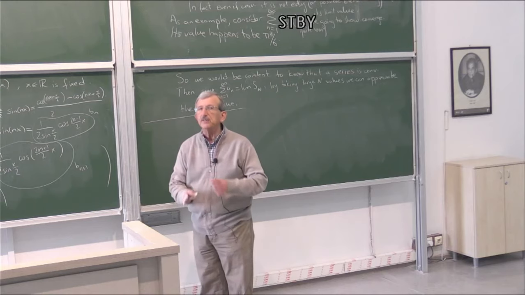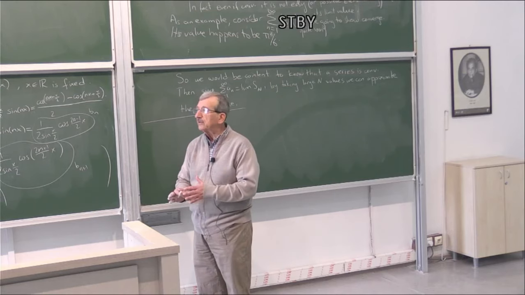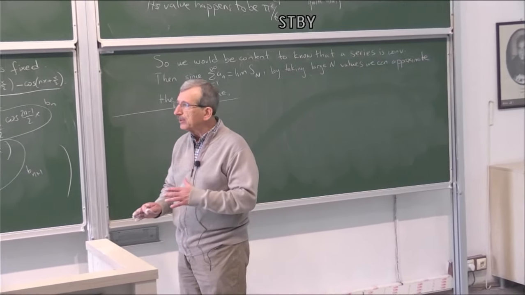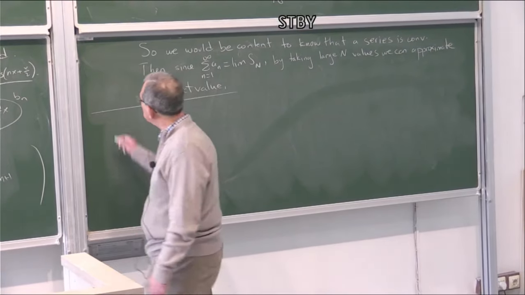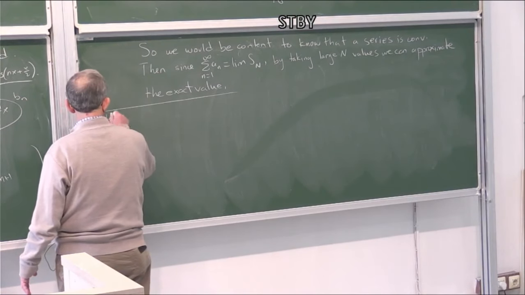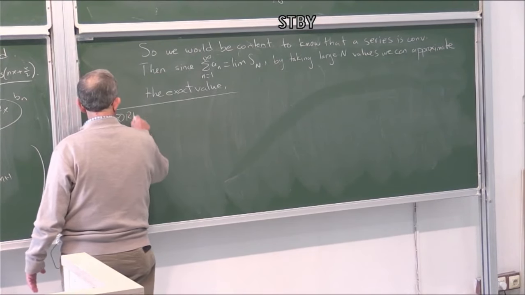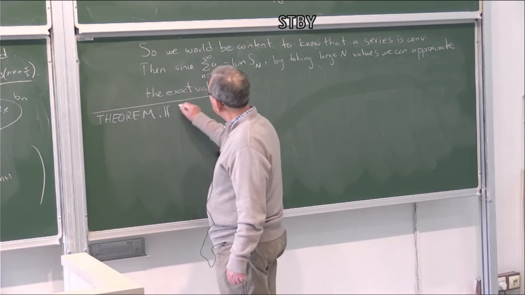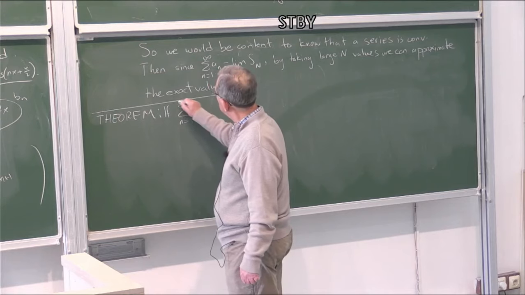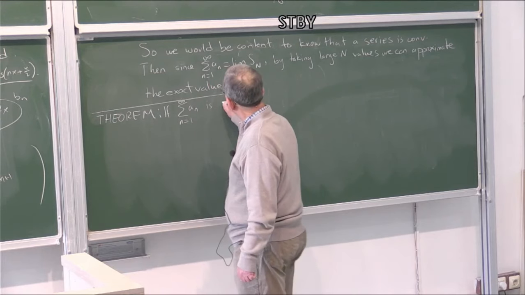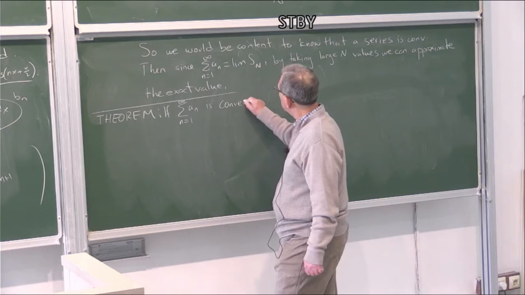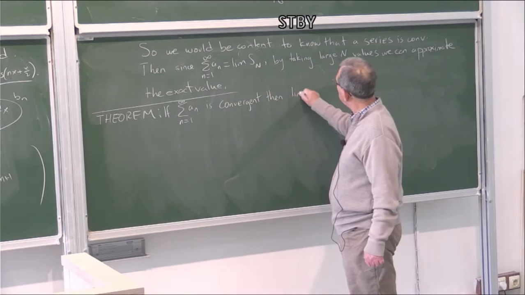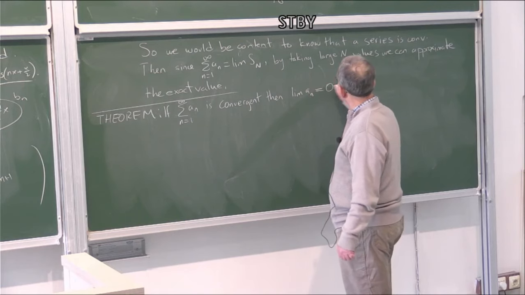One of them is the sequence an, the other one is the partial sum sequence Sn. So this next theorem says the following: if a series is convergent, then the limit of an must be 0.